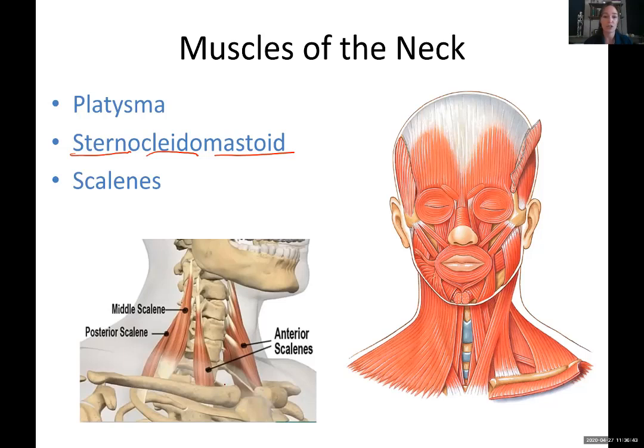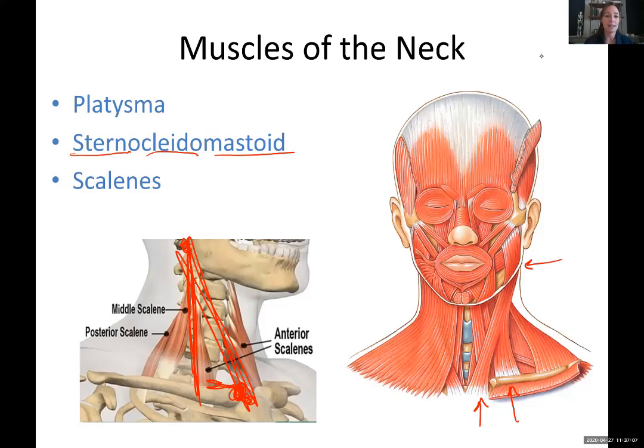It attaches to the sternum and the clavicle, and it's going to the mastoid process. So it actually makes a triangle. So we see that over here. Here's one attachment site, here's the other, and then the other is back over here on the mastoid process.